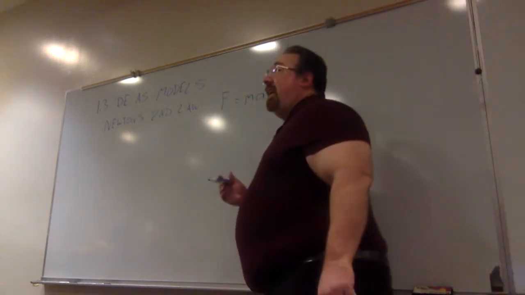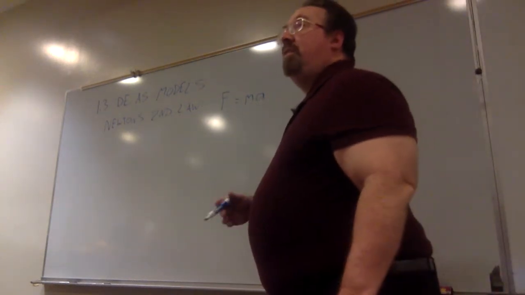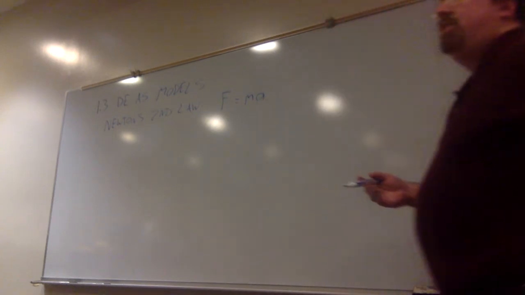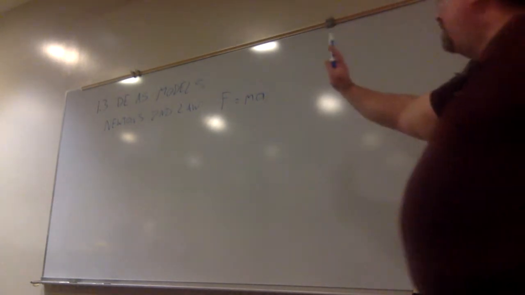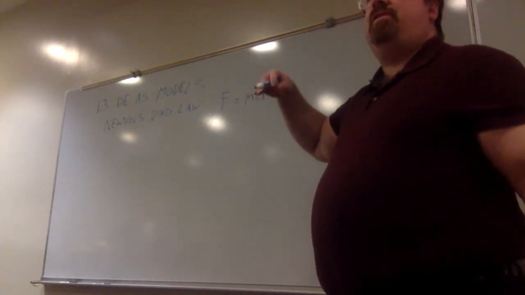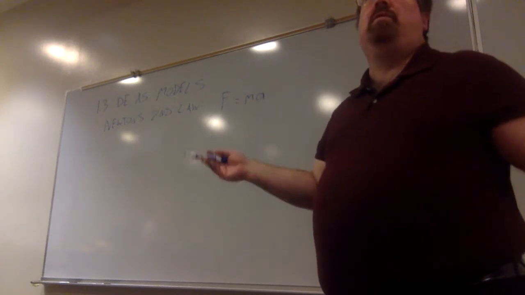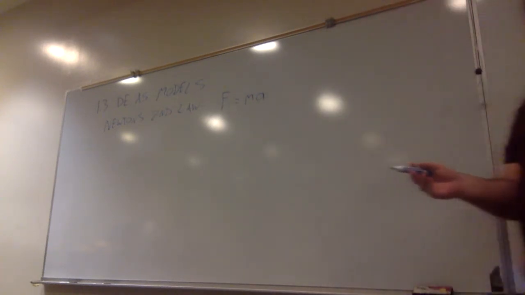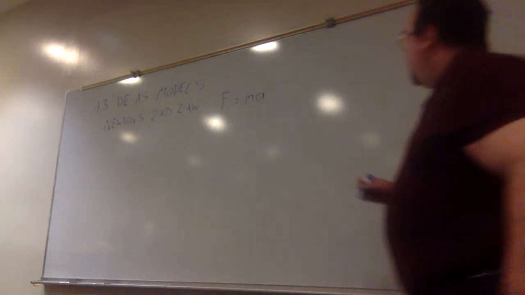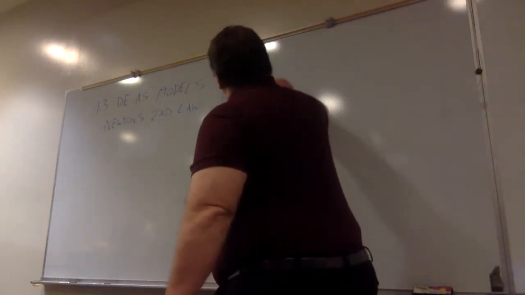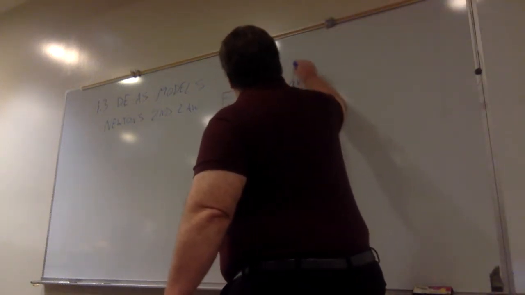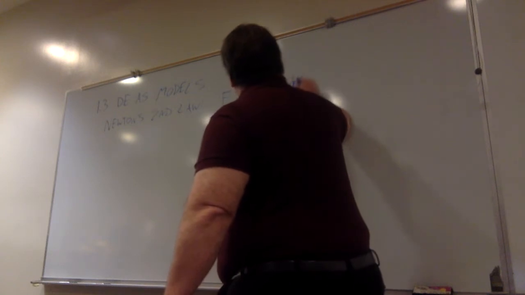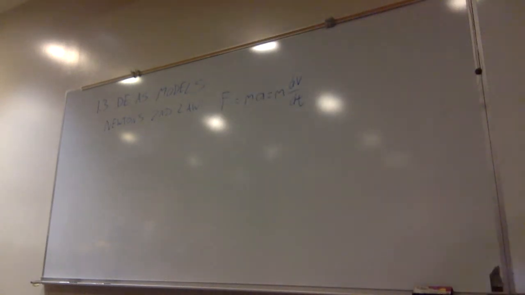And how we can see that is by keeping in mind what acceleration is. How can I write acceleration as a derivative of something? There's more than one right answer. Yeah, so we'll stick with first order equations today. So mass times the derivative of velocity with respect to time.